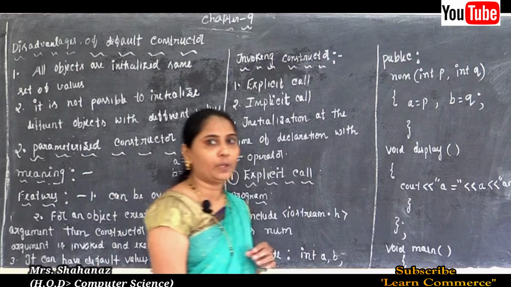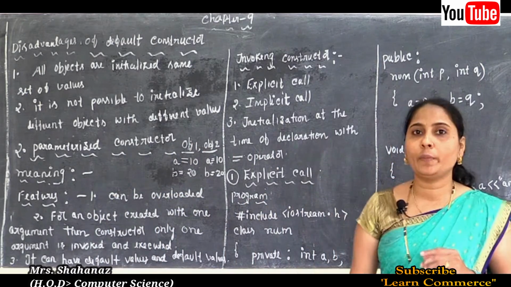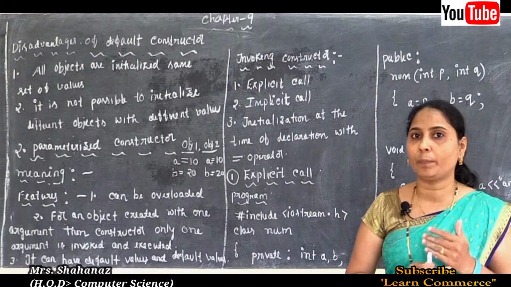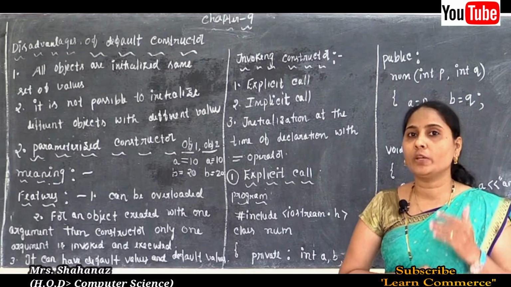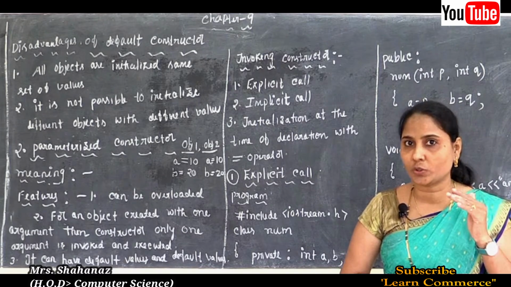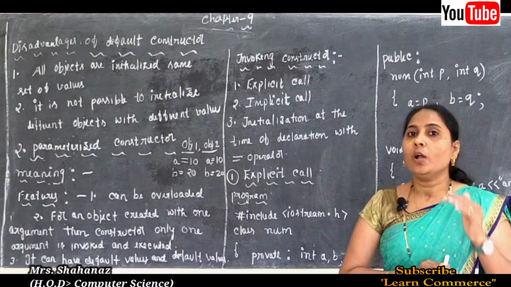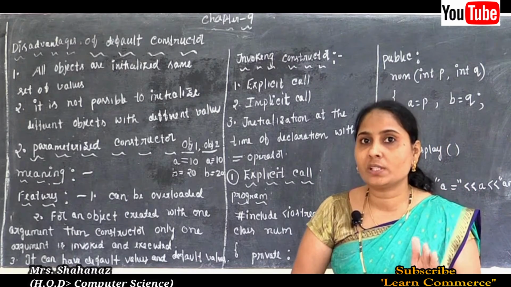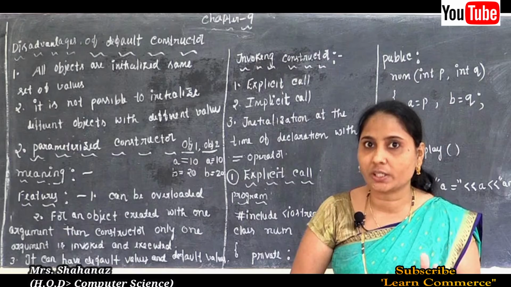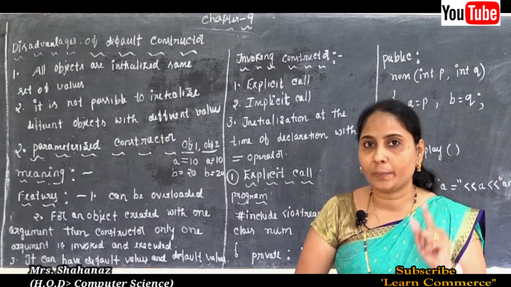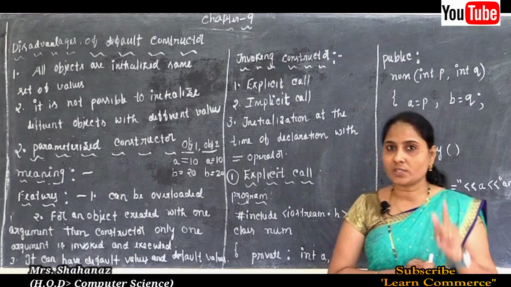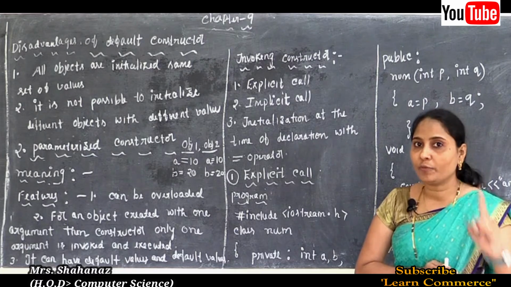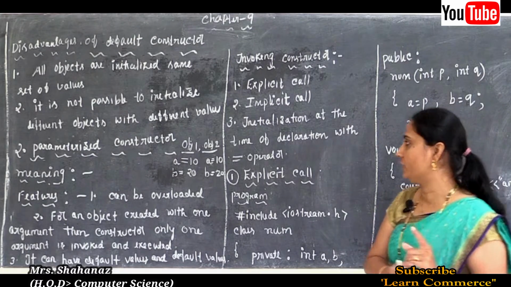Again I repeat: in a parameterized constructor we use arguments, and by using it, it is possible to initialize different objects with different initial values.